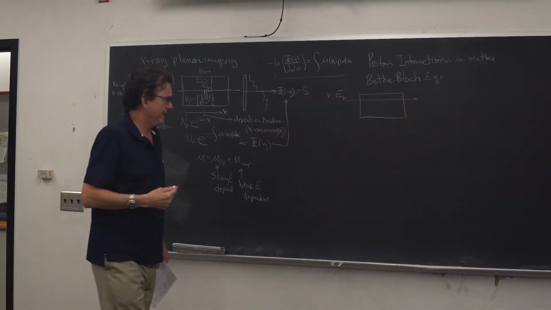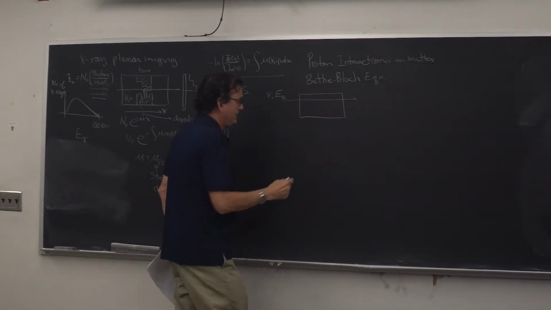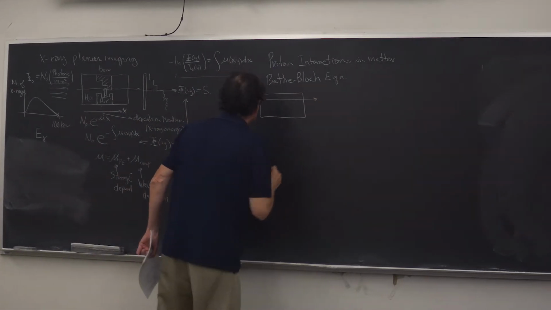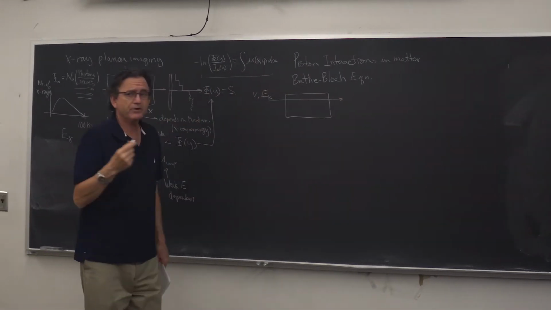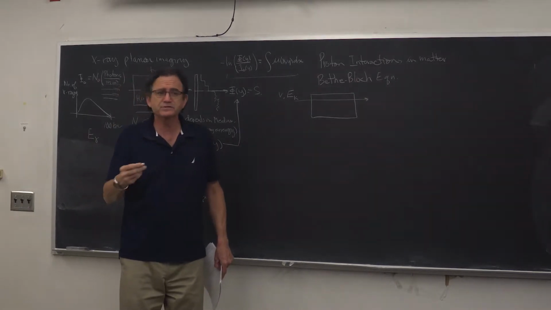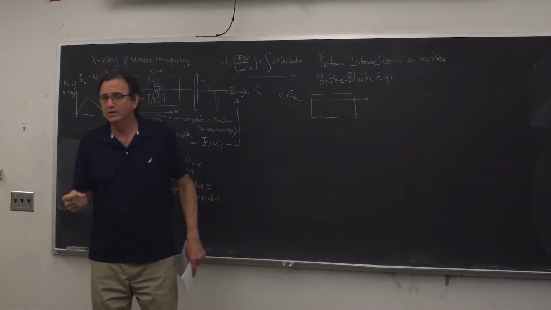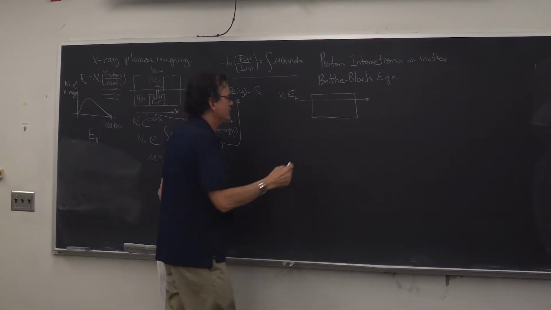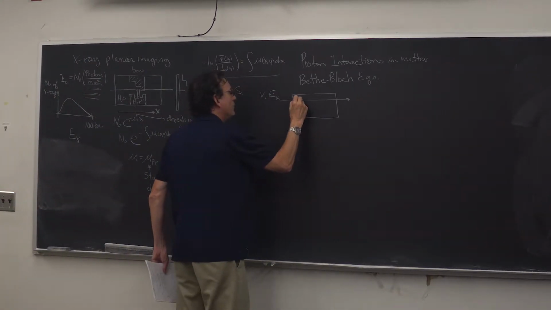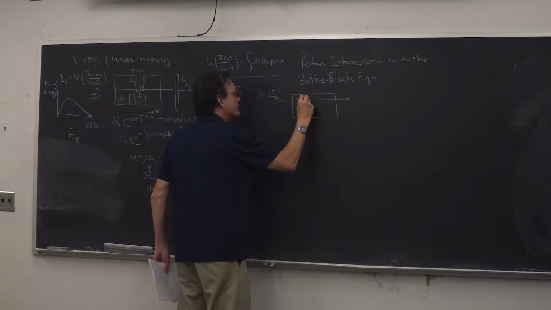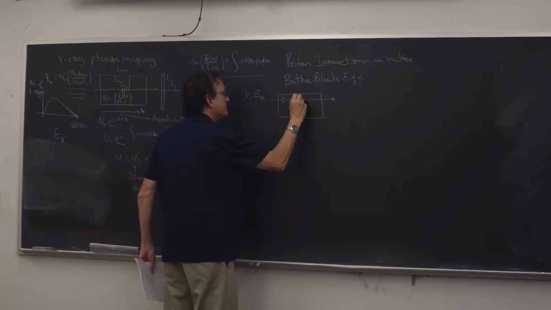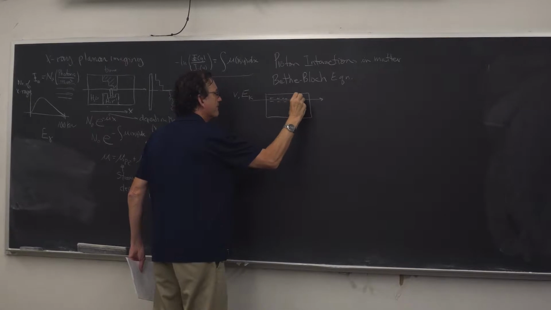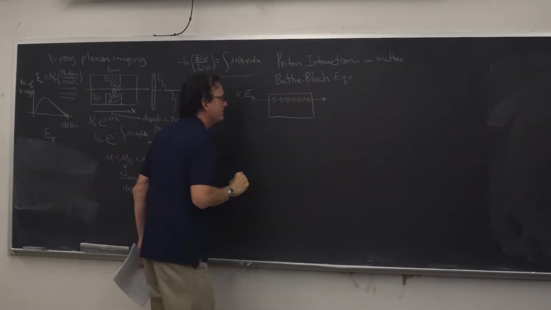Right? And the results of the Bethe-Bloch equation tell us that the primary interaction that occurs, whether it's bone or air or muscle or fat or whatever, is ionization. In other words, going through this tissue is going to leave a stream of positive and negative ions. Okay?